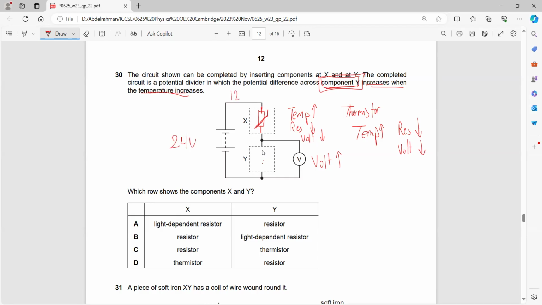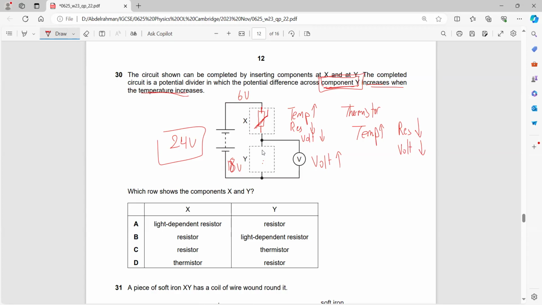Initially, the thermistor had 12 volts and component Y had 12 volts. When the temperature increases, the potential difference of the thermistor decreases. Let's say it becomes 6 volts. So the potential difference of the other component has to increase to 18 volts. Why? Because the total potential difference has to be 24.